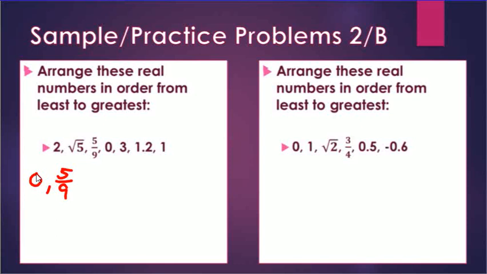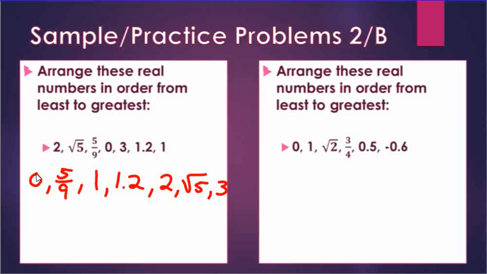Then we would have 1, and then 1.2. Then the square root of 5: 2 times 2 is 4, so it's got to be a little bit more than 2. So 2 would have to be next, then the square root of 5, and the biggest number would be 3.